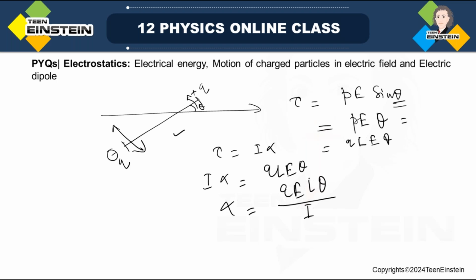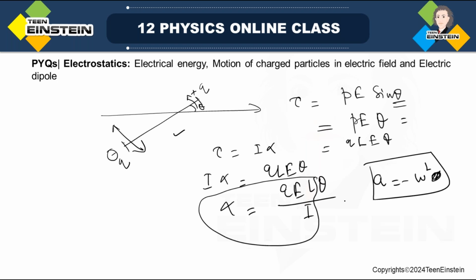See, this is a kind of oscillatory motion. So acceleration, we know, is minus omega square x. This is the condition for simple harmonic oscillation. So if I compare with these two, then what do I get?